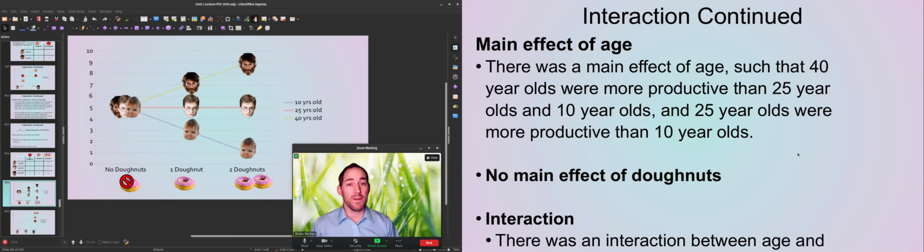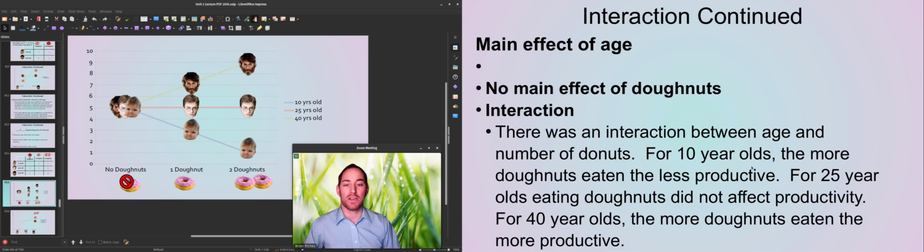There was no main effect of donuts. No matter if you have no donuts, 1 donut, or 2 donuts, taking out the data about age, you have no main effect. It doesn't matter if you have 1, 2, or no donuts. The main effect of donuts doesn't exist. It has to be included. It has to interact with age. So there was an interaction between age and donuts.